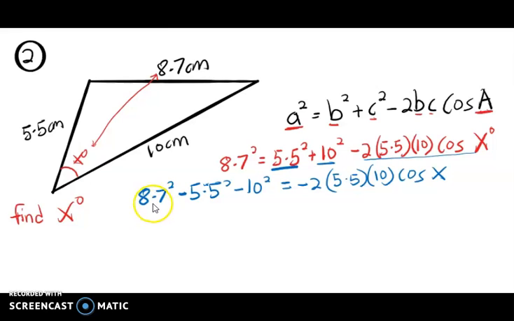We should simplify first before we proceed, as it will make the calculation much easier. By calculation, we get minus 54.56 on one side, and minus 110 cos x.